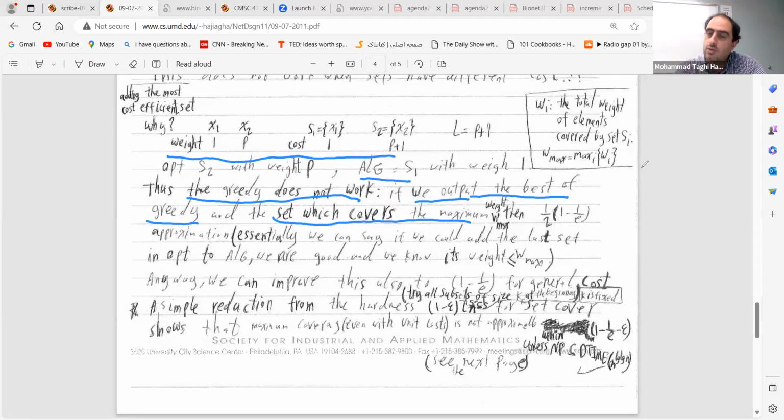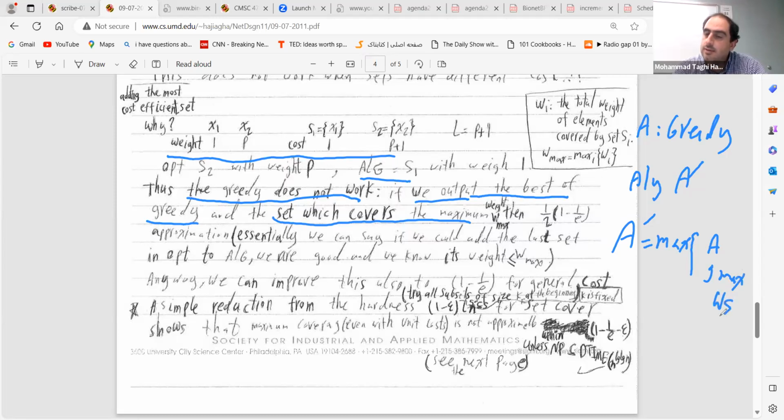So I define essentially algorithm A prime. A was the greedy. A prime is the max of A, and here the max of W(S), for S belonging to this collection.